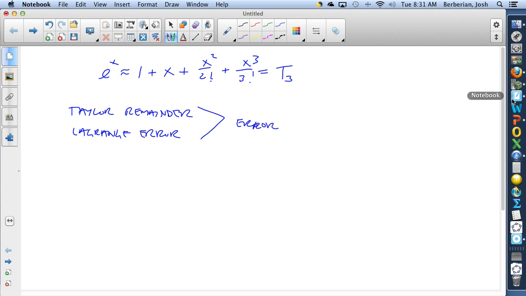It says the error is less than or equal to, now I'm going to write it, and the notation is going to look overwhelming, but then we're going to see that it's not all that bad, and we'll do an example. The error is less than or equal to, whoops, let me try again, sorry.